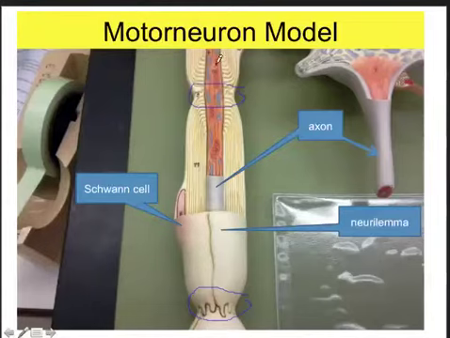What'll happen is the electrical signal will actually shoot very quickly underneath these insulated parts of the axon, and that will lead to a series of events that rapidly regenerates the action potential.